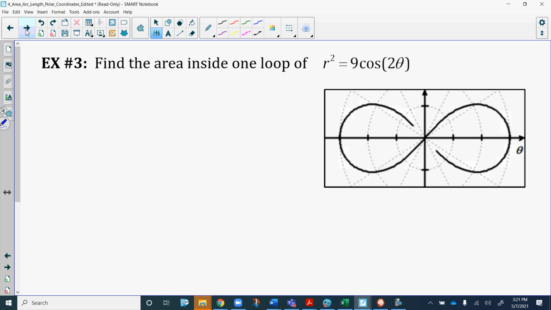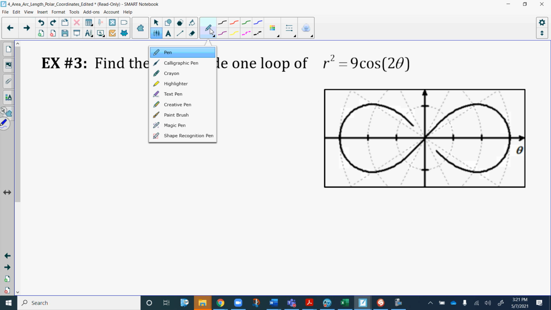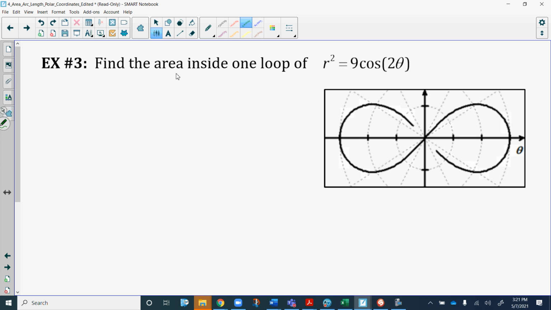And it's asking us again, what's the area inside of one loop? So I am going to focus on the loop on the right, because that'll give me positive thetas or x values, whatever you want to think of it as. I'm going to focus on that side right there.